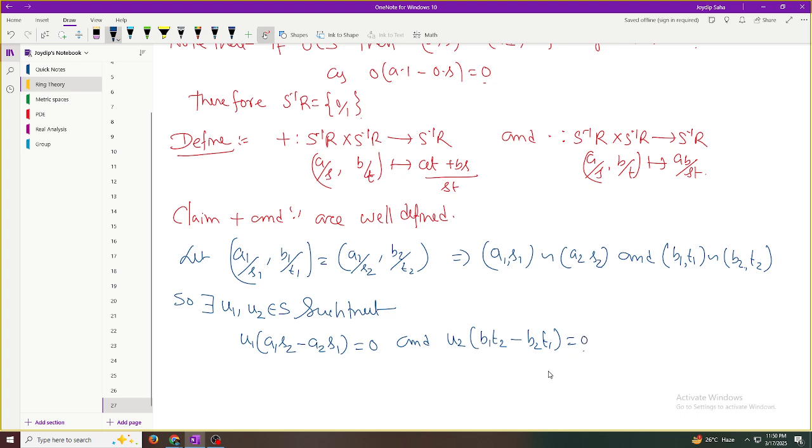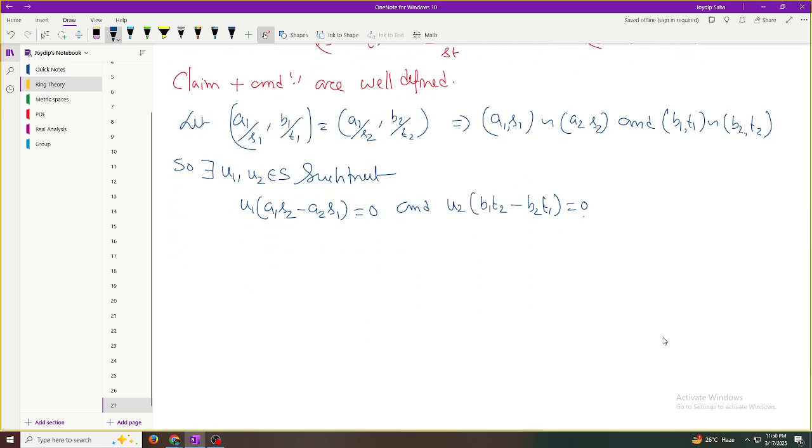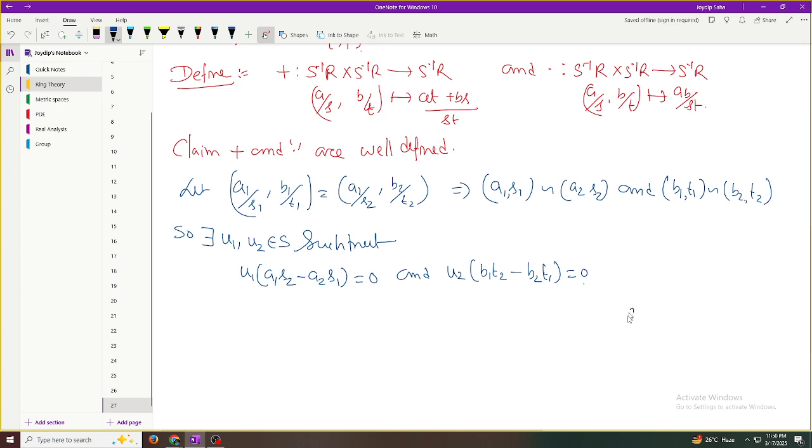So you have to show that (a1 t1 plus b1 s1) by s1 t1 equals (a2 t2 plus b2 s2) by s2 t2. So you have u1 a1 s2 minus u1 a2 s1 equals 0, call this 1, and u2 b1 t2 minus u2 b2 t1 equals 0, this is 2.